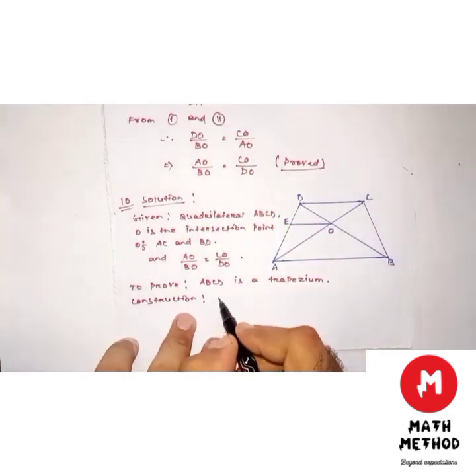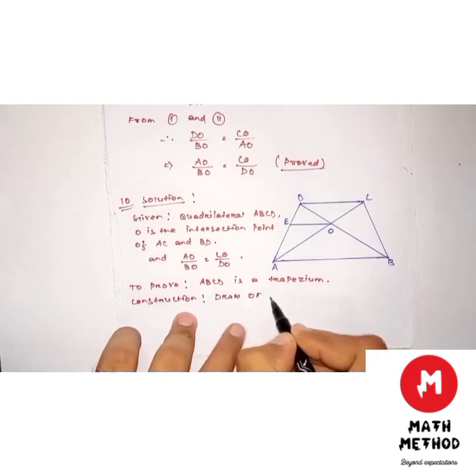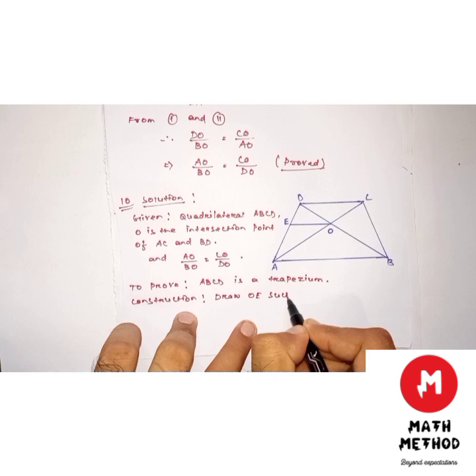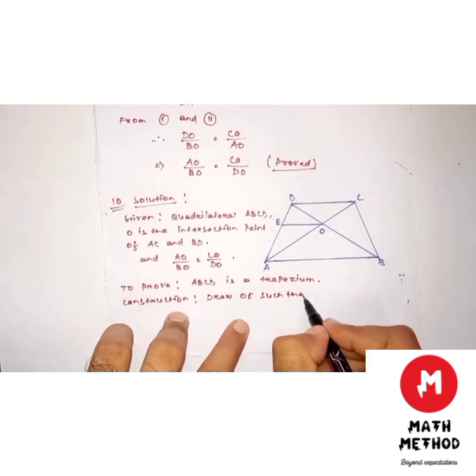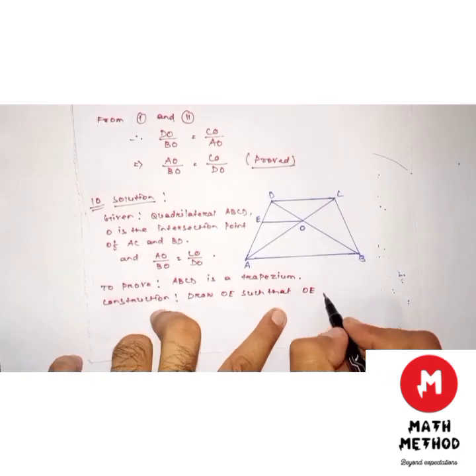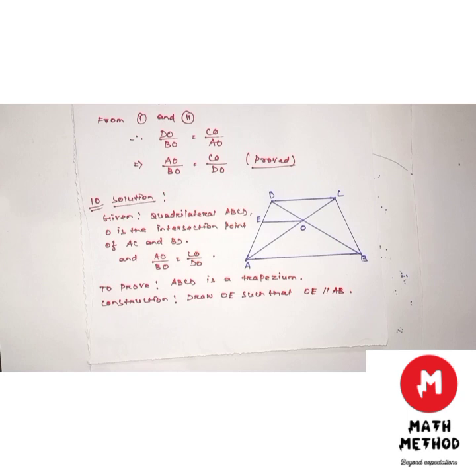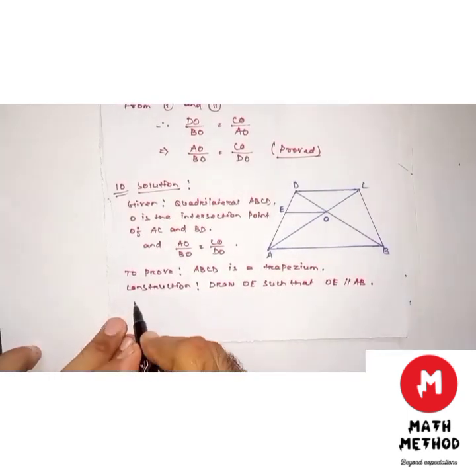Now draw OE such that OE is parallel with AB. This is my construction. Now we have to prove.